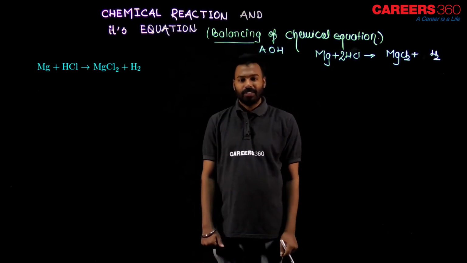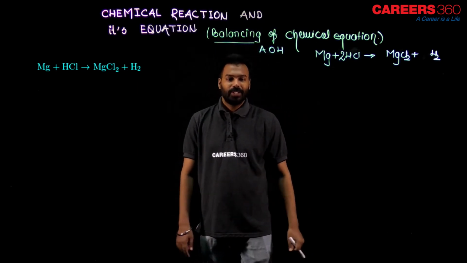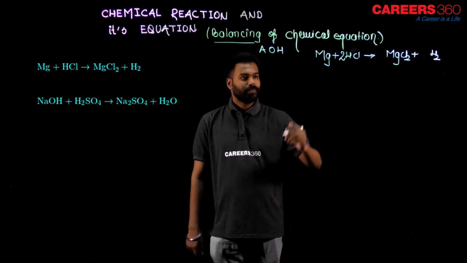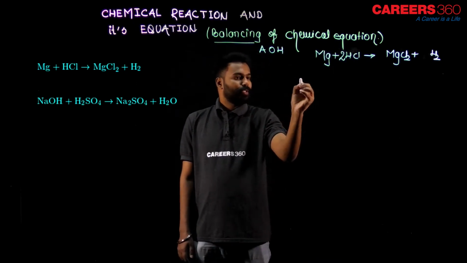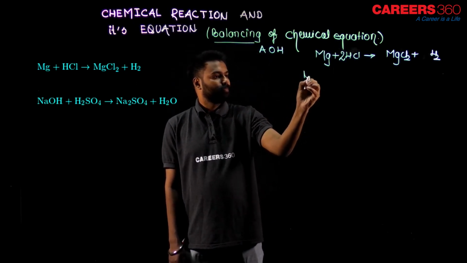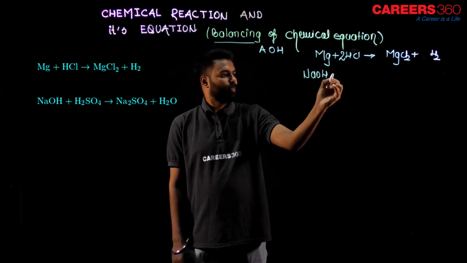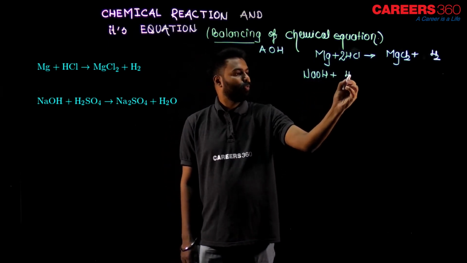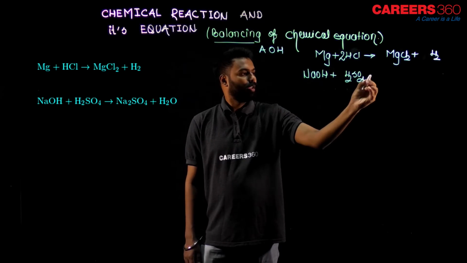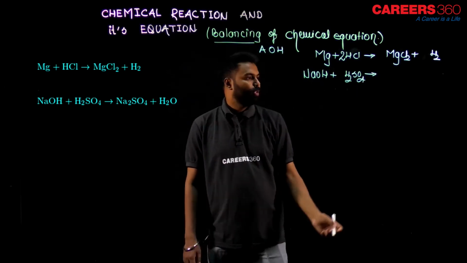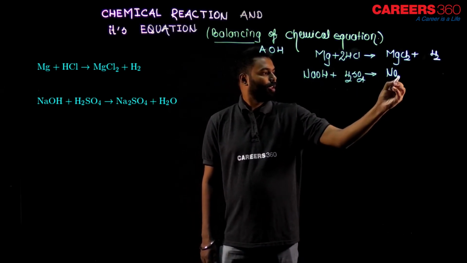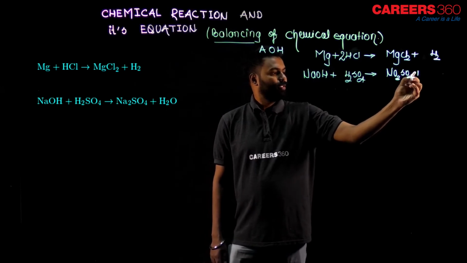Okay. Let us take the second example to balance the chemical equation now. See, NaOH plus H2SO4 gives Na2SO4 plus H2O.